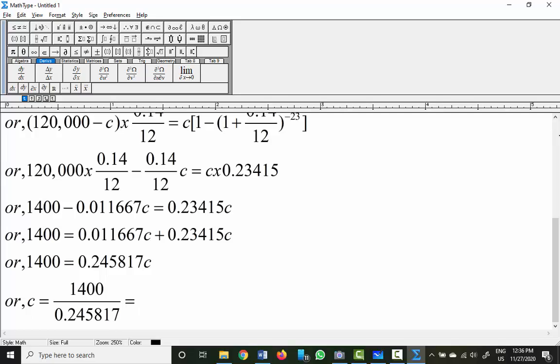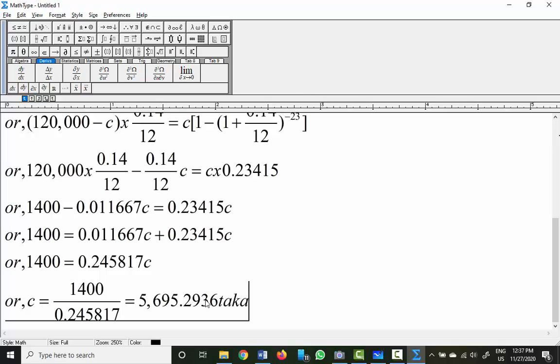So let us do it. 1400 divided by 0.245817, that means 5695.2936 taka.